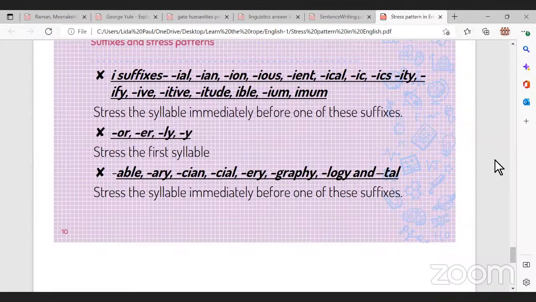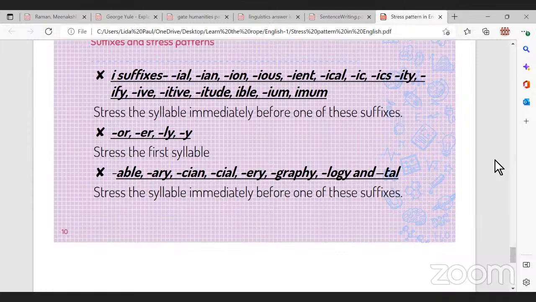We can say something like pandemonium. With em, yes, pandemonium. Where will you stress it? On mo. So on the penultimate syllable, correct. Okay, so that's the point.